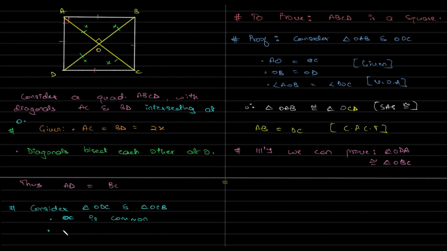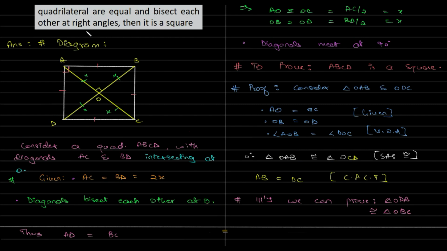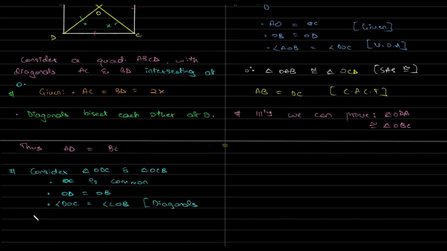Then we have OD is equal to OB, that we already know. And angle DOC is equal to angle COB, as diagonals are at 90 degree, or at right angle.